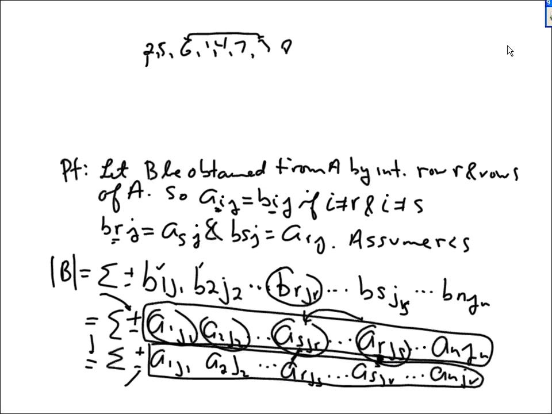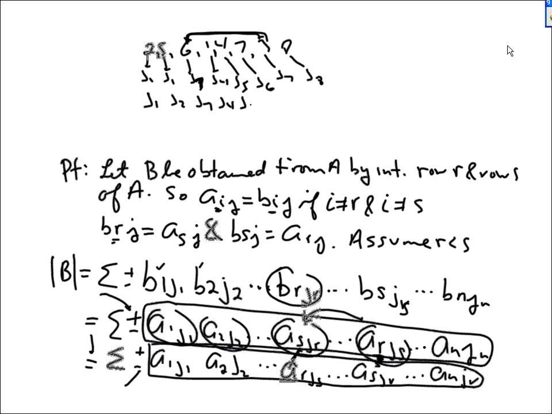In other words, that's J_1, J_2, J_3, J_4, J_5, J_6, J_7, and J_8. Now, if I switch the 6 and the 3, then I have J_1, J_2, J_6, J_4, J_5, J_3, J_7, J_8.